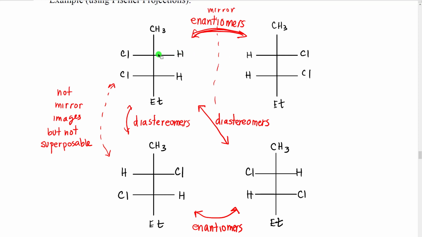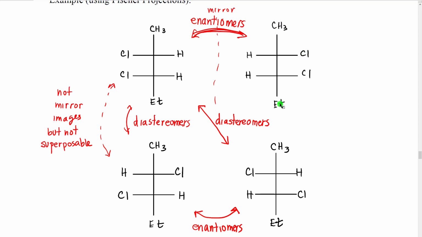The effect is that the hydrogen on the right would reflect over and be on the left in the mirror image so that it would stay close to the mirror. And the chlorine, which is far away from the mirror on the left side, would reflect over and be on the right-hand side, far away from the mirror.